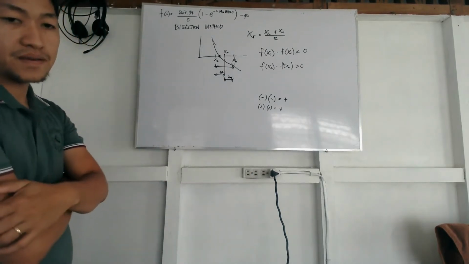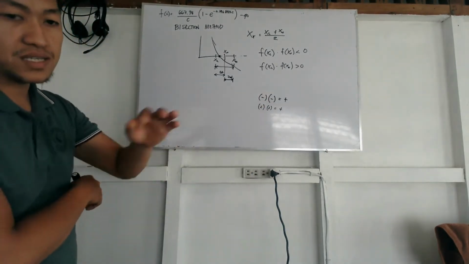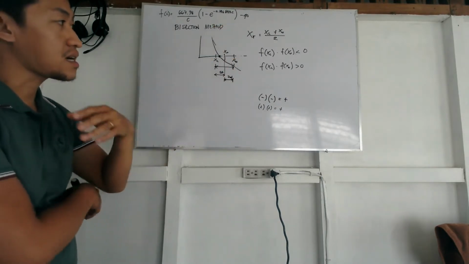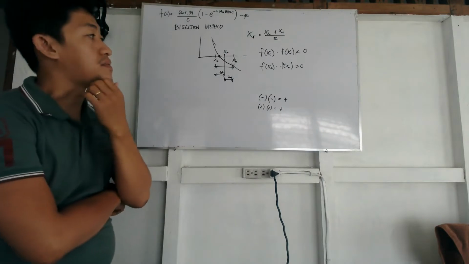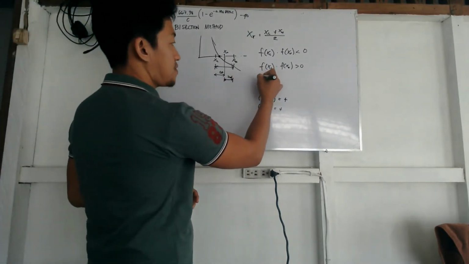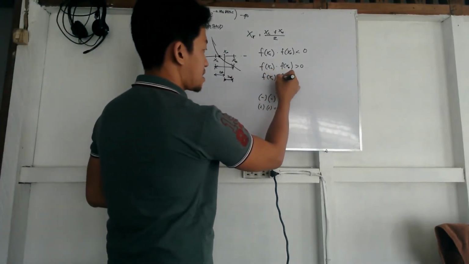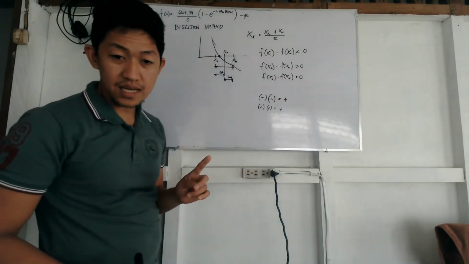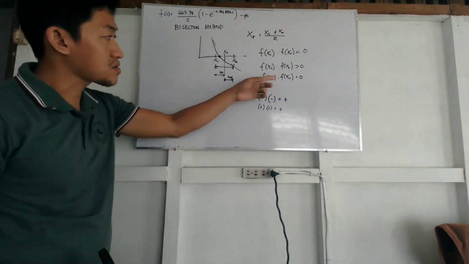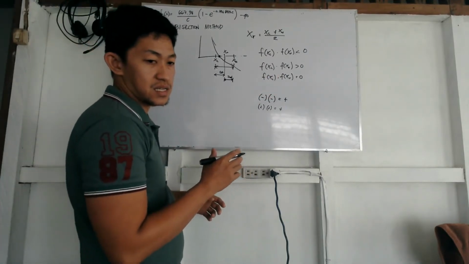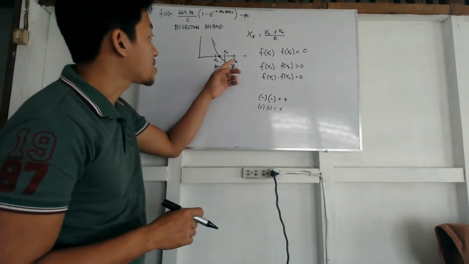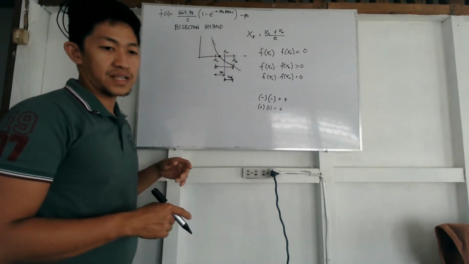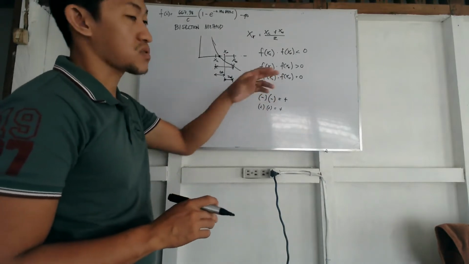So meaning there is no change in sign. Anyway, this is the layout of the procedure later on. Now, if f of XL times f of XR is equal to 0, meaning the root is determined. Your XR will now represent the root.